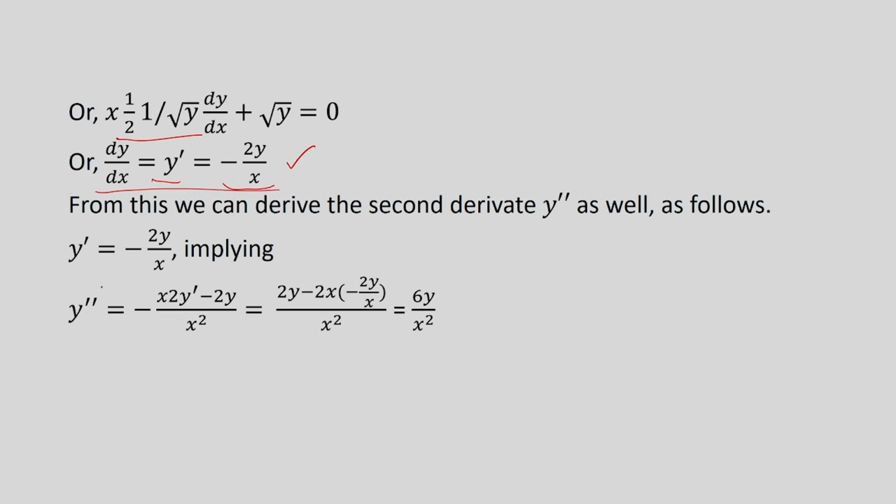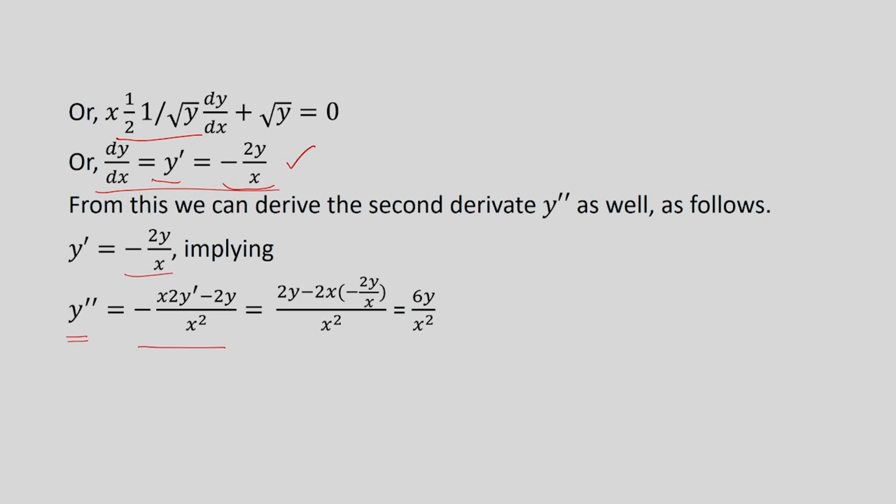Now, dy/dx is this. So, I can from here find out the second derivative of y with respect to x by differentiating this expression, minus 2y divided by x, with respect to x. And if I do that, I use the quotient rule now. So, minus of the quotient, on the denominator I have x square, the square of the denominator.